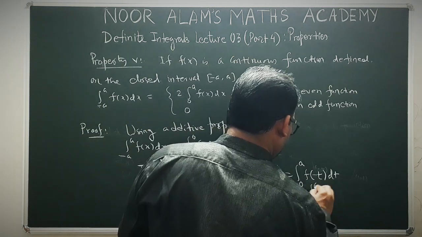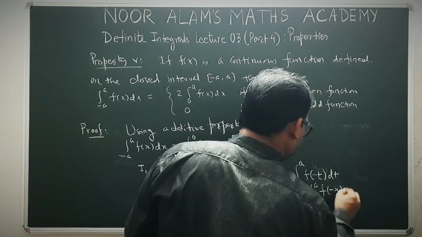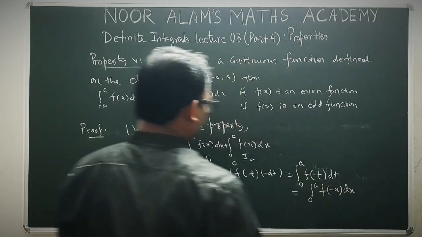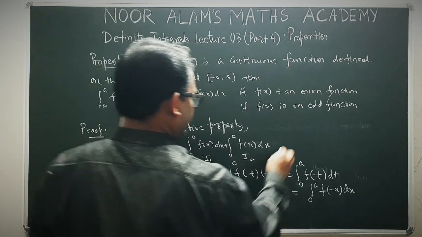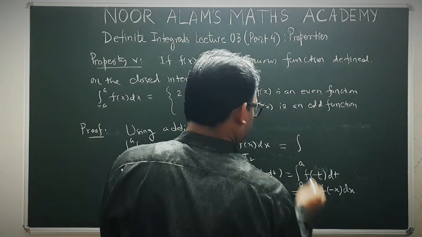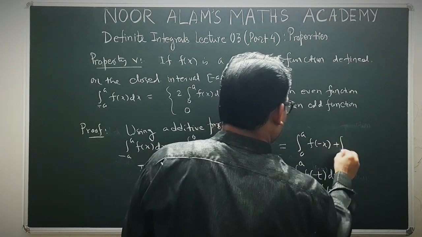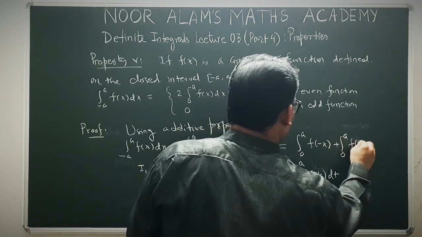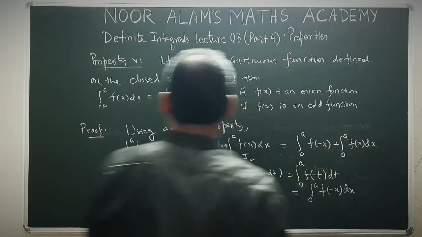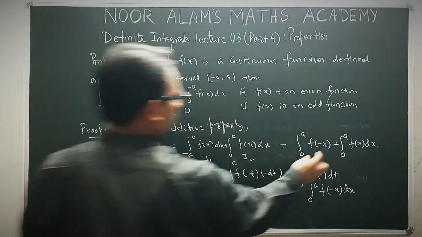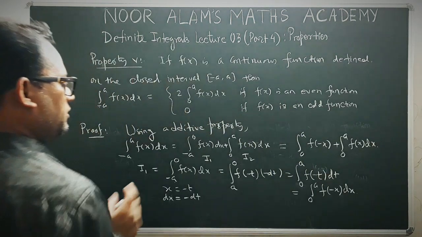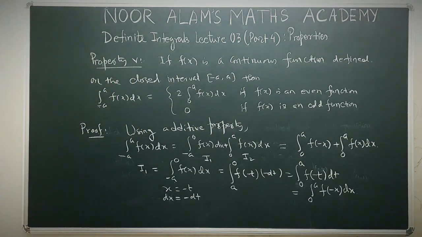So we can write the integral from 0 to a of f(minus x) dx. So I1 becomes this. Ultimately we can write the result as the integral from 0 to a of f(minus x) dx plus the integral from 0 to a of f(x) dx. I think all of you understand up to this part.